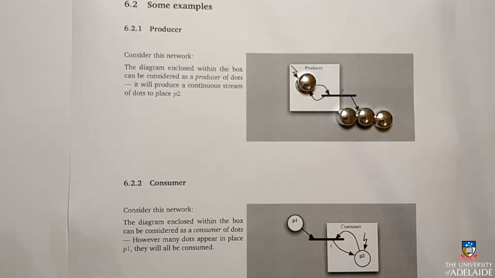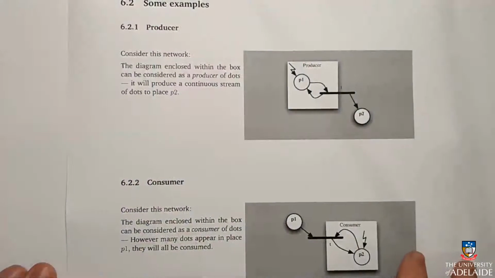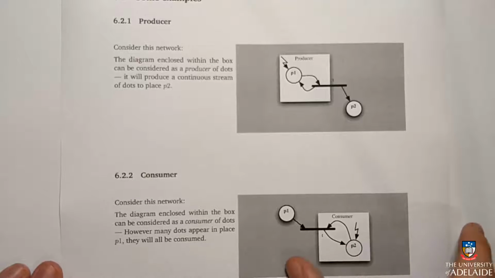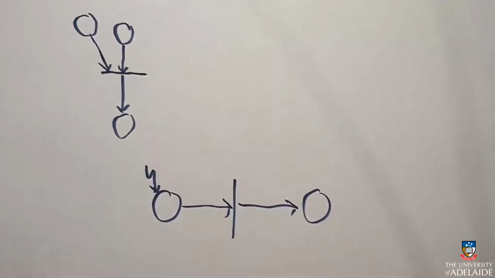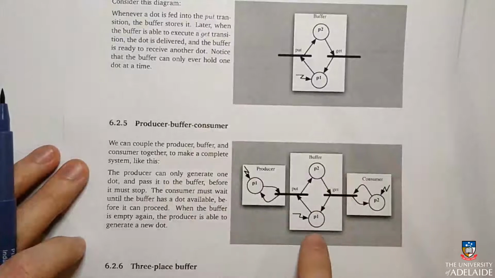There are some other mechanisms that we can put in place to help with that. One such example is the buffer mechanism, so I encourage you to take a look at it. So there's the producer. The consumer we can use at the other end of things. It takes tokens out of the network, so when a train exits the network we can use a consumer pattern, and when we combine them together we end up with this kind of pattern with a buffer.